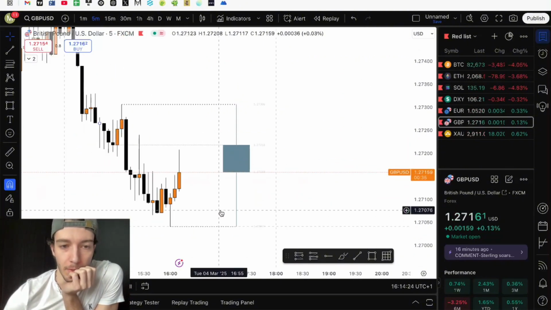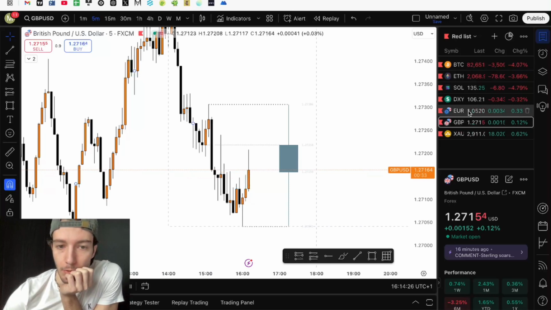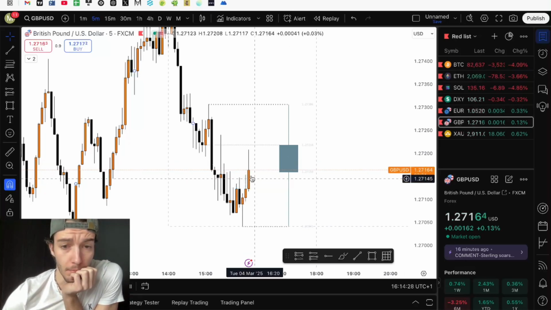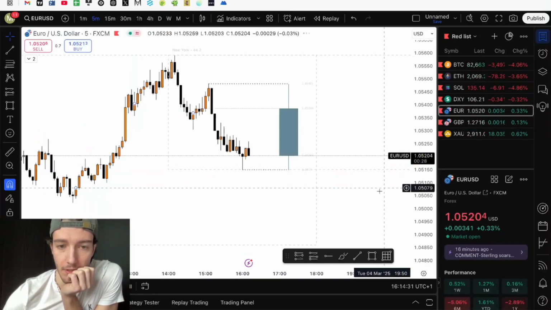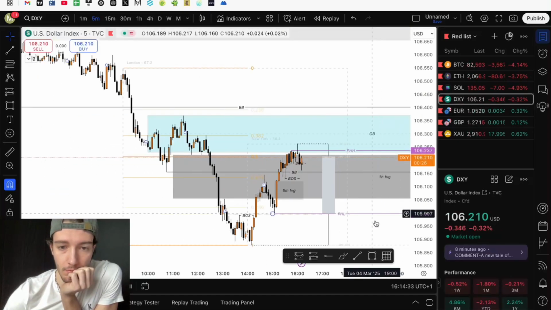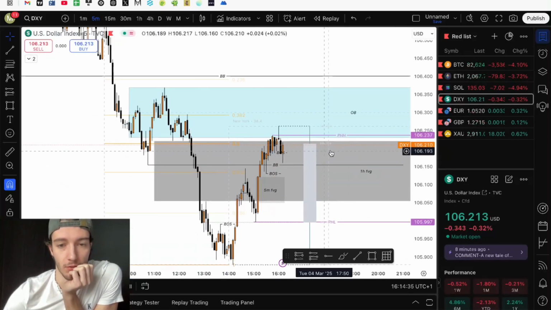Looks like we won't have the break of structure as of now on GU. Maybe 30 seconds. But the dollar might just want to push higher.